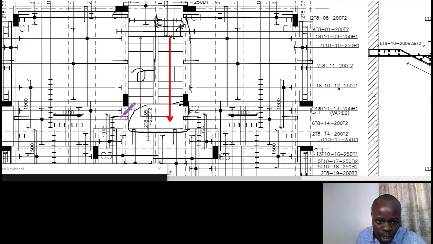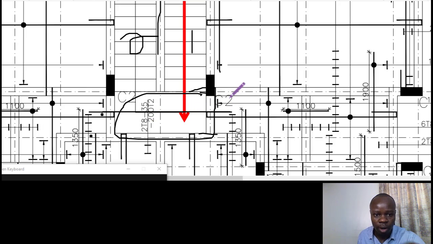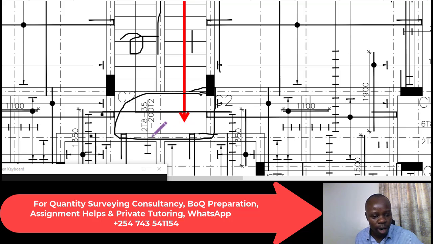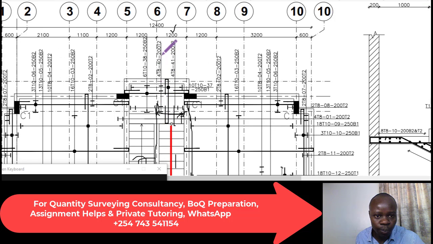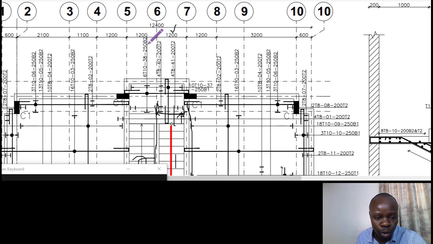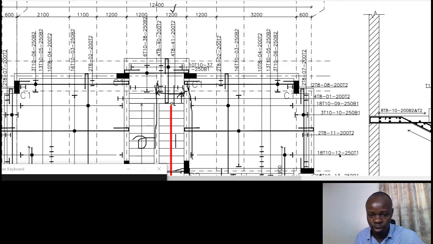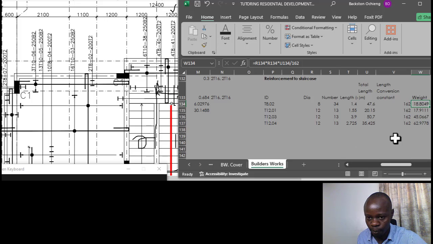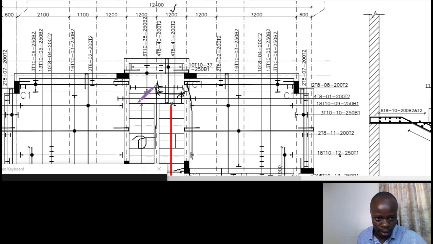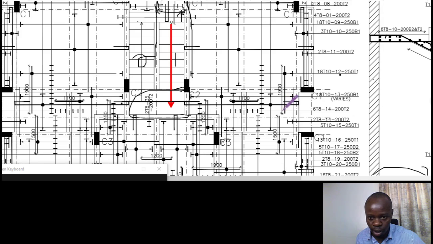So it means they are going from this end on the longer dimension, and the longer dimension is equivalent to 1.2. So we take it complete, so that is 2.4 plus the wall 0.2 and another 0.1 and another 0.1. That is 2.4 plus 0.2 gives us 2.6 meters.